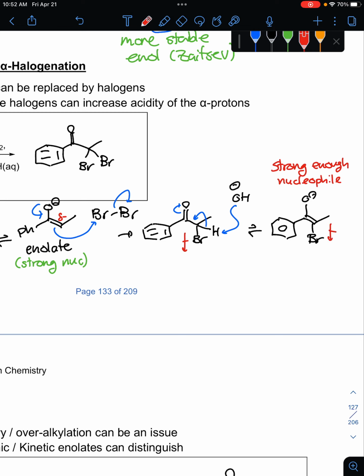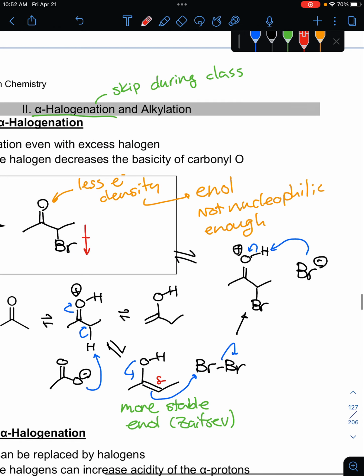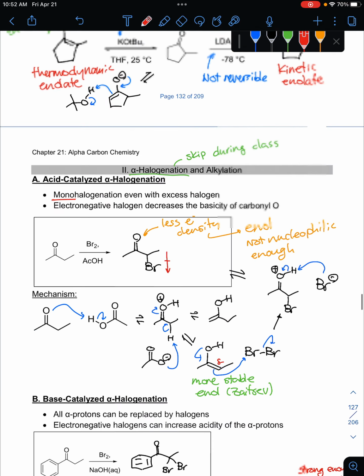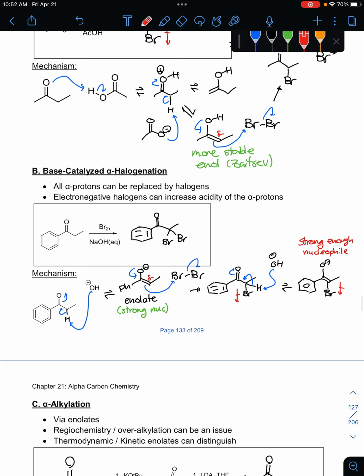Even though there's a bit of electron density suction towards bromine, even so there's a full negative charge, as opposed to this enol, which doesn't even have a full negative charge. And so for that reason, this is strong enough to react with yet another bromine molecule.